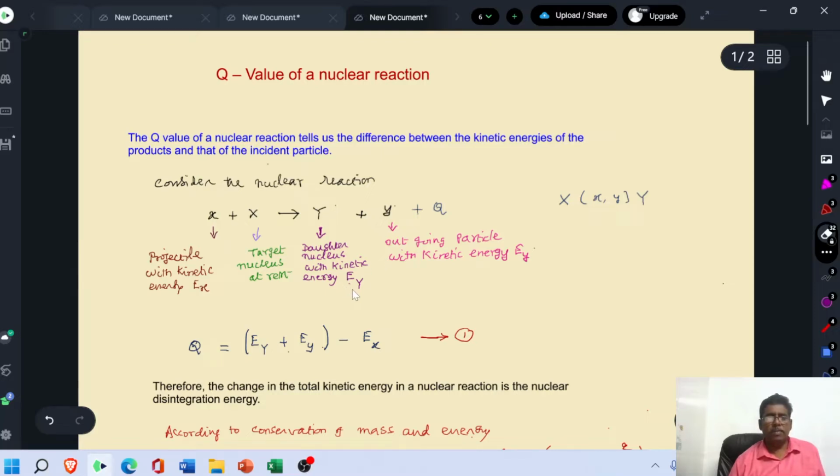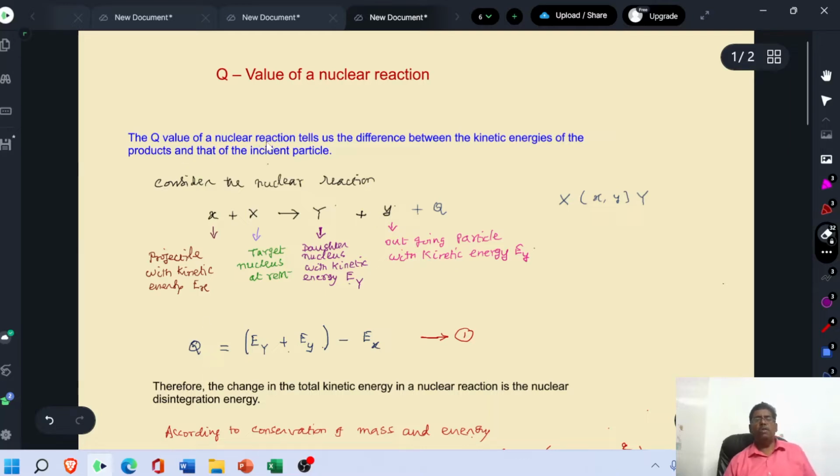The kinetic energy of the daughter nucleus is EY and the kinetic energy of the outgoing particle is Ey (small y). The final kinetic energy is equal to EY plus Ey. Initial kinetic energy is Ex. The difference between these two will provide the value of Q.